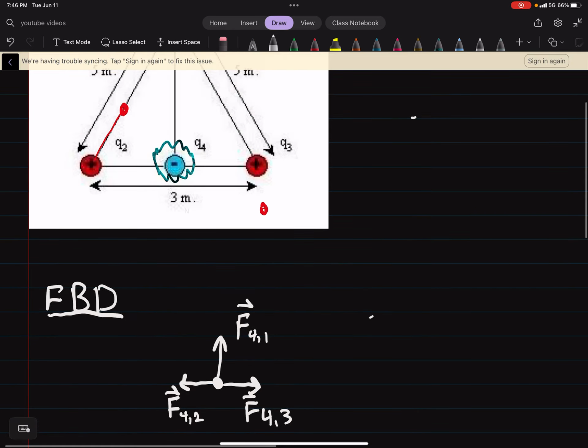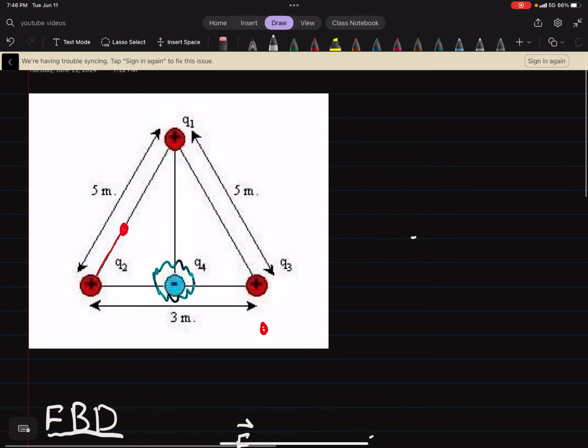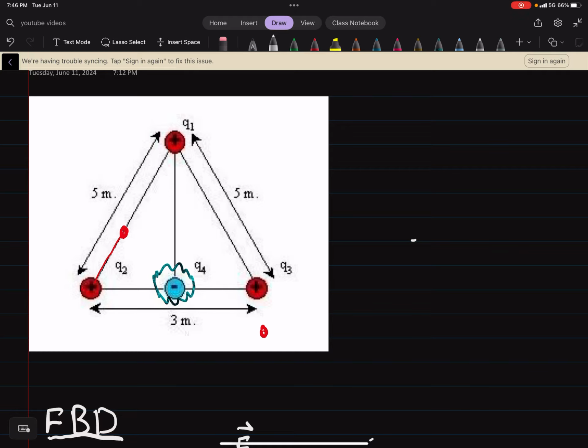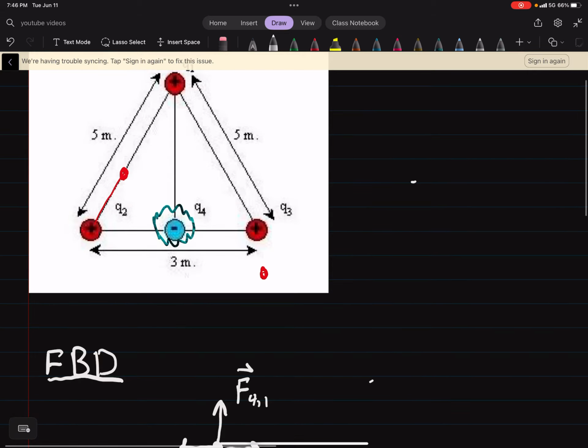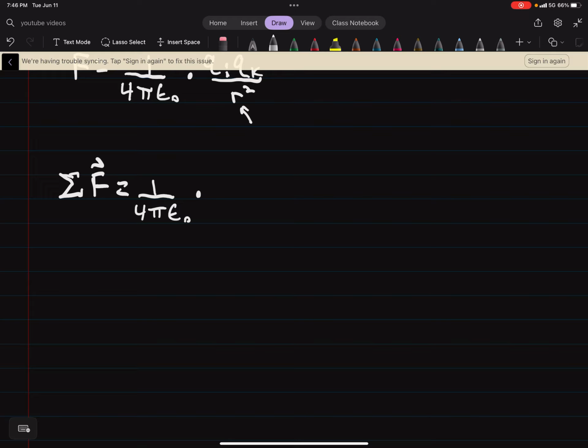We have the force that Q1 puts on Q4, pulls it upwards. So we'll just say Q1 times Q4 divided by the distance between them squared. So r14 is the distance between particle 1 and 4, or the point charge.